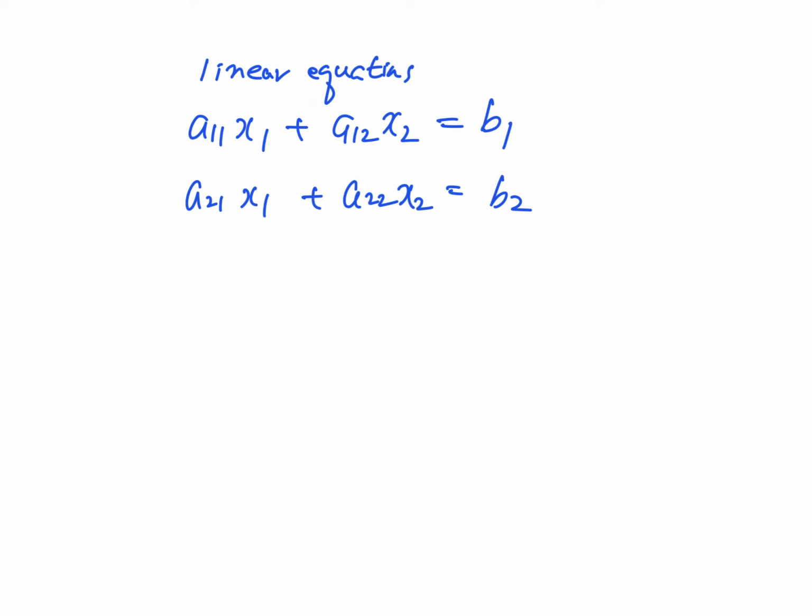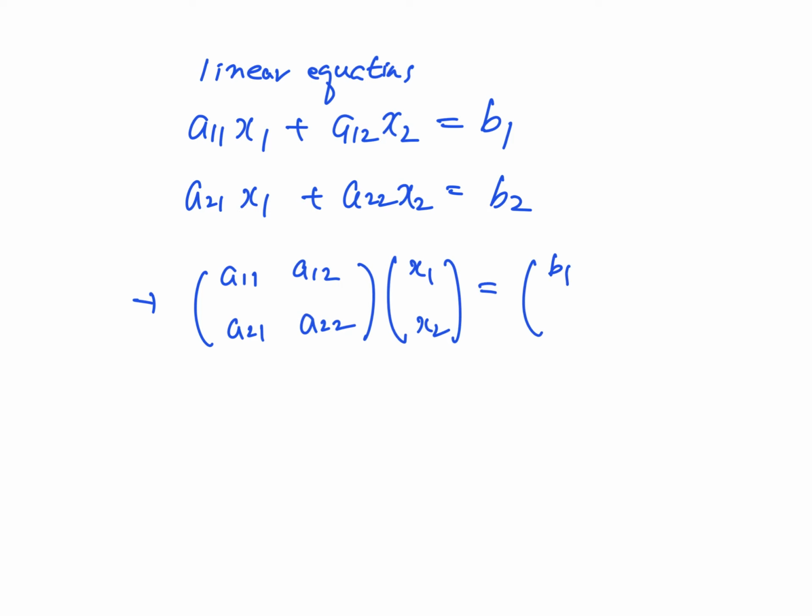Say we have linear equations of 2 unknowns. If you have 2 equations, then sometimes you can solve, sometimes you cannot. So these linear equations can be transformed into matrix equations. This is basically A11, A12, A21, A22 times x1, x2 equals P1, P2, right?